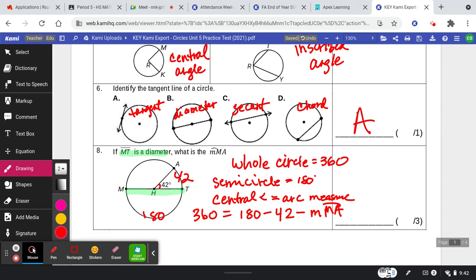Like that? Or plus? Yeah, I did plus. Sorry, there we go. And then when you added 180 and 42, what did it give you? I got 222. And then when you subtracted that, what did you get? The degree of 138. And she got it.